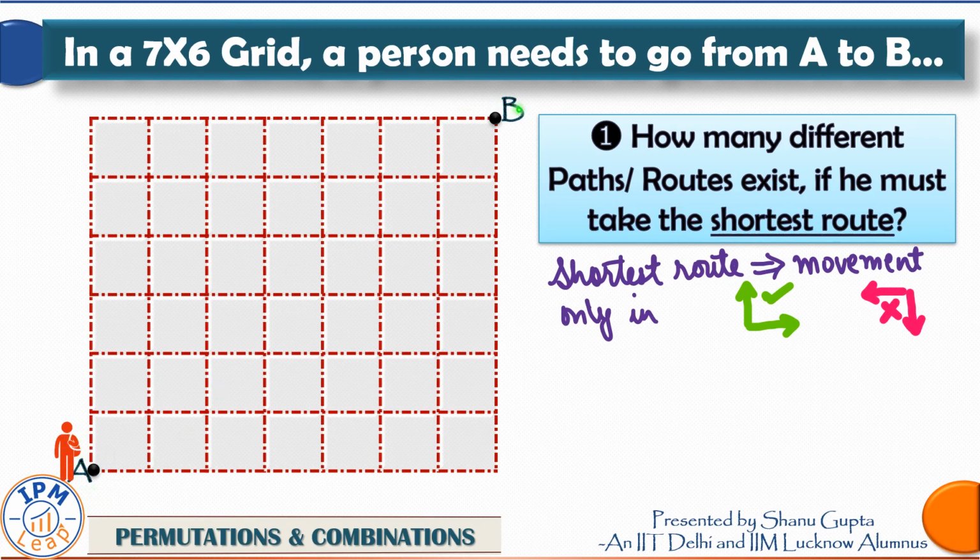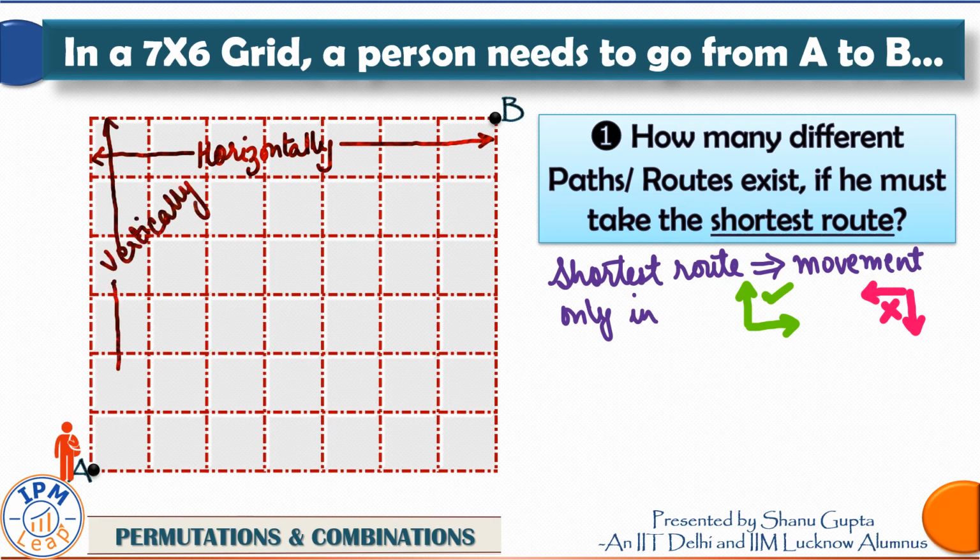Now remember, in permutations and combinations, whenever we need to count something, like the number of routes in this case, we should try to find something that is common to all routes. That will help us with the counting logic. In this case, if you look at the points A and B, I can safely say that in any route from A to B, a person necessarily covers this much horizontal distance and this much vertical distance.